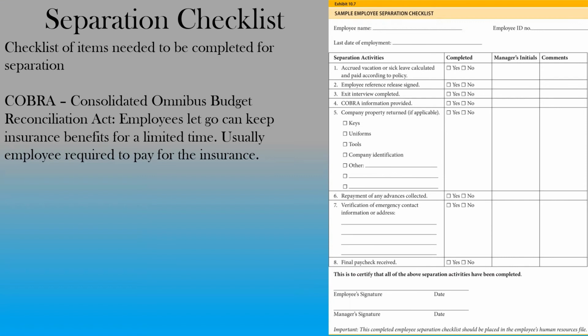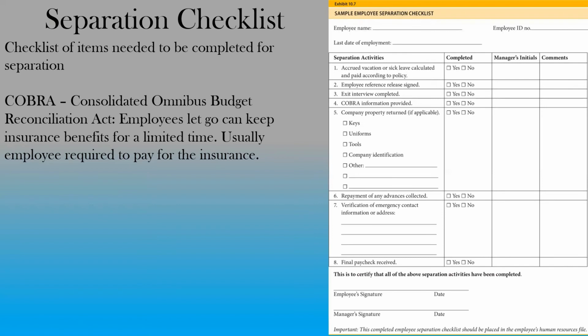COBRA is an acronym for Consolidated Omnibus Budget Reconciliation Act. What it allows is an employee to keep their insurance benefits for a limited time. For that, however, it's typically 100% paid by the employee. A lot of times with insurance, there's so much that the employer picks up and so much that the employee picks up.